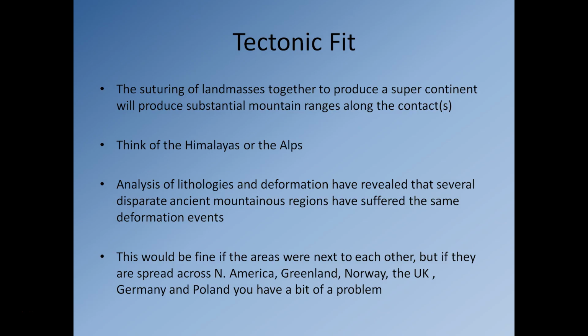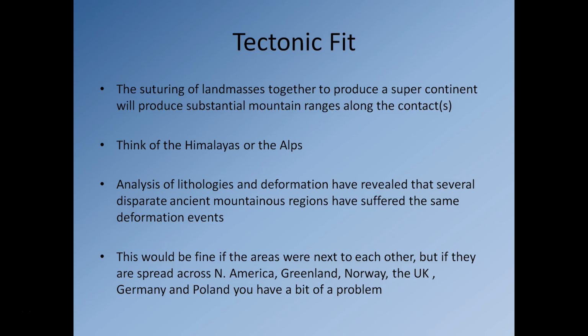So, analysis of lithologies and deformation have revealed that several disparate ancient mountain regions have suffered the same deformation events. So it's just like the Cratonic fit, but with slightly younger rocks. A good example is if we look at, let's say, the Appalachian Mountains.